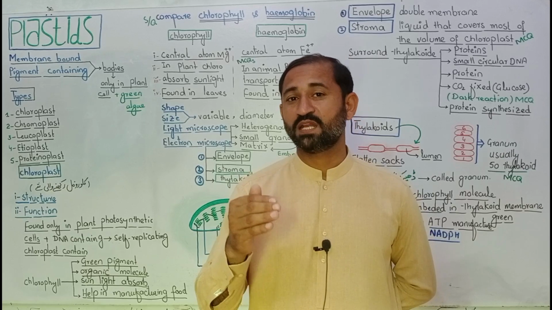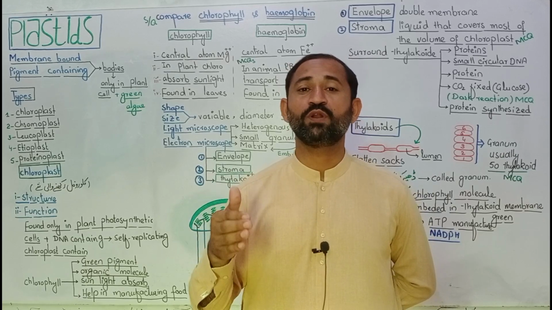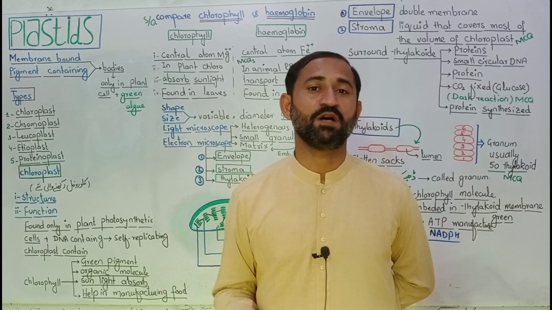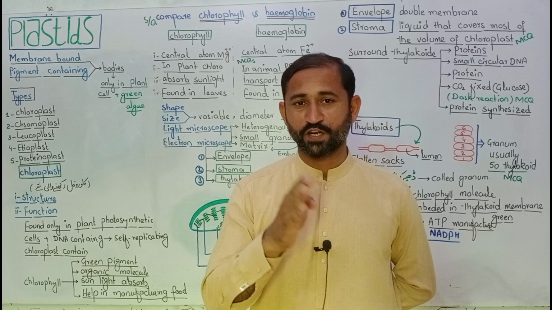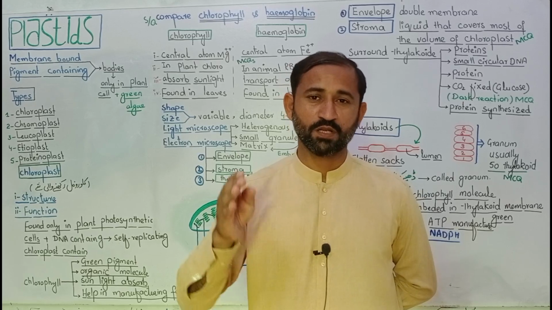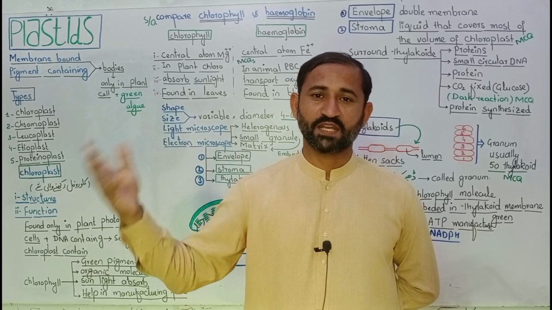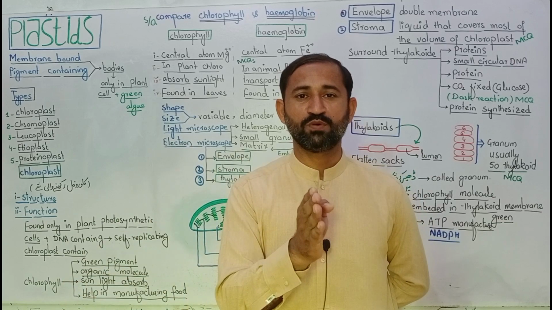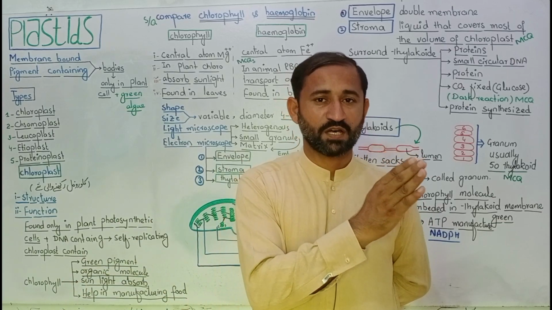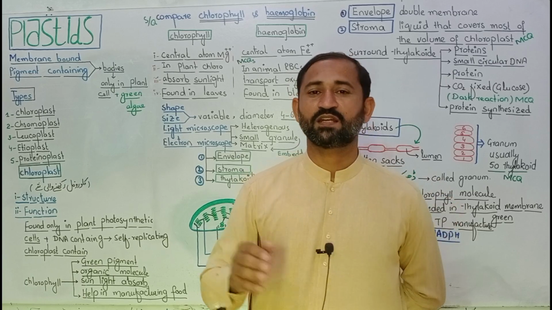Chlorophyll resembles hemoglobin, which is found in the blood of animals. So a short question here: what is the difference between chlorophyll and hemoglobin? Chlorophyll has a magnesium atom as its central atom, whereas hemoglobin has an iron atom as its central atom.